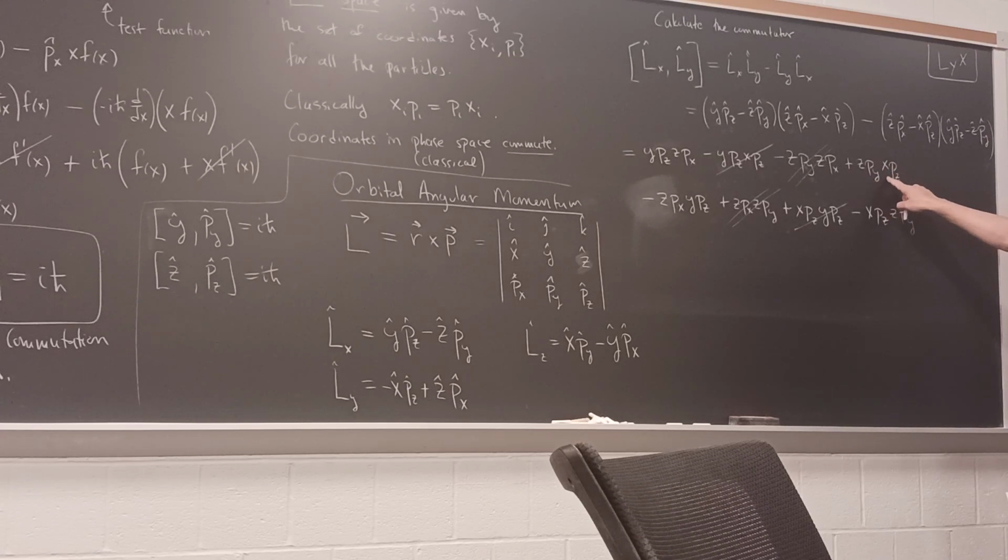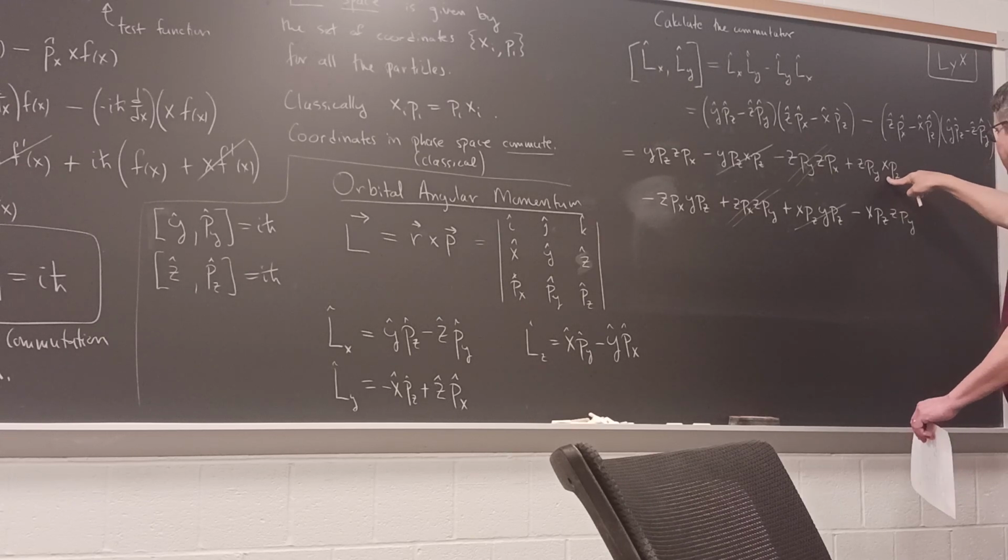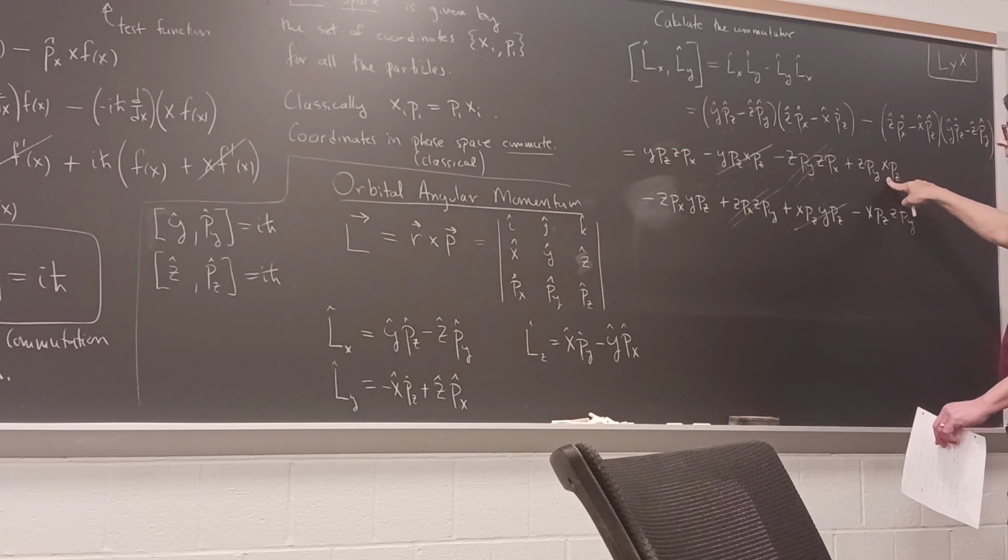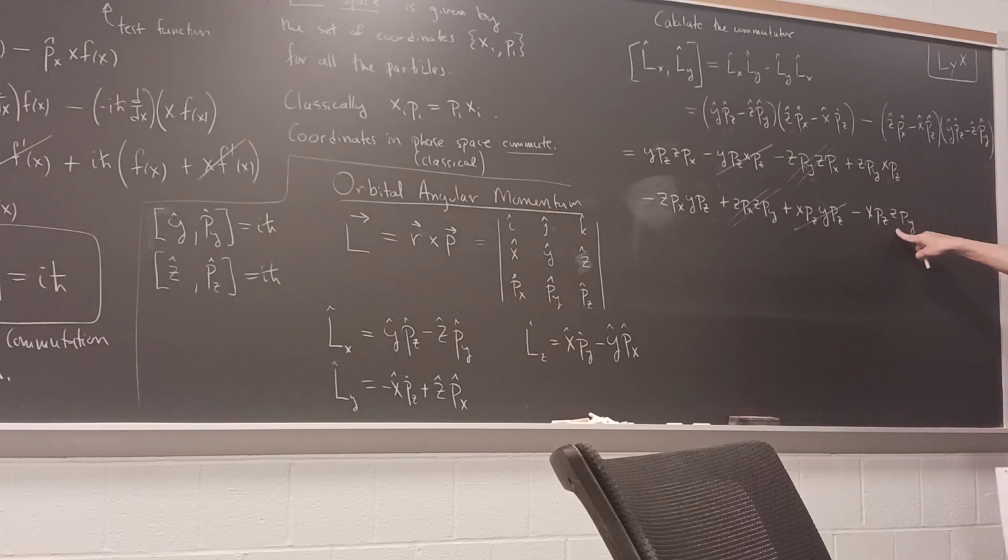Let's see, do I have any other terms that I can cancel? This term here, let's see. Is it x hitting the y? Y hitting x? I've got py pz, py pz. Okay, but I'm differentiating pz here. I've got a pz operating on the z, so I can't pull this z out.